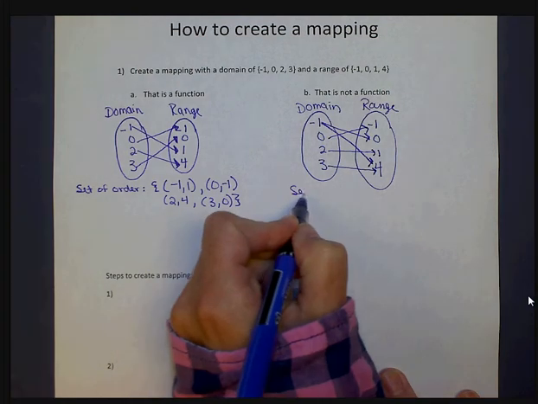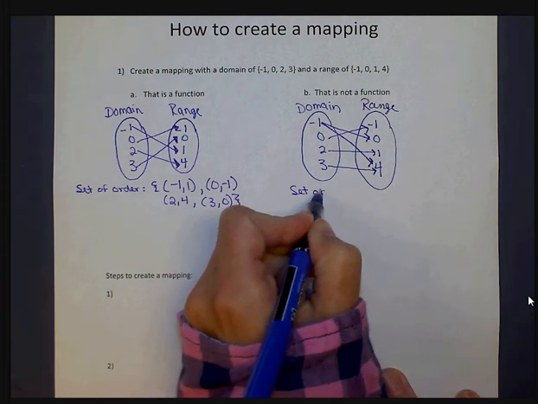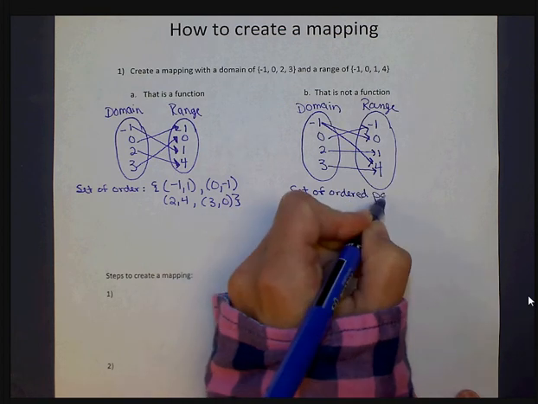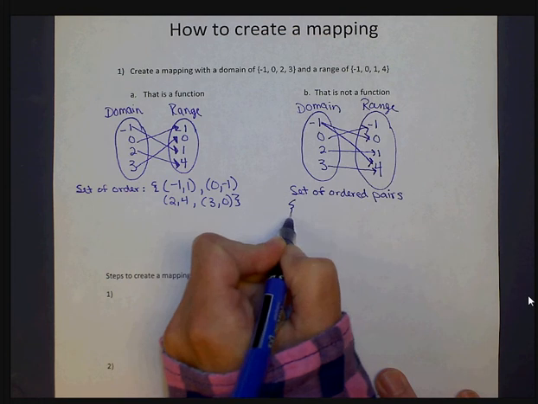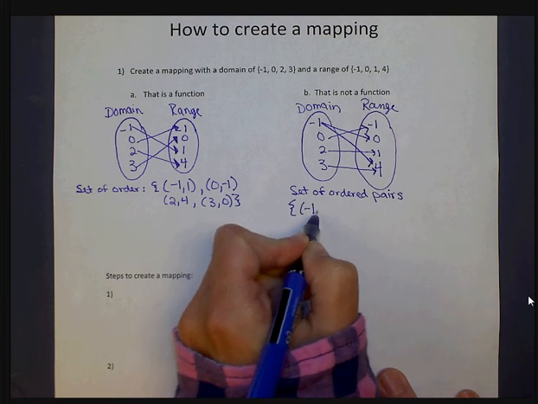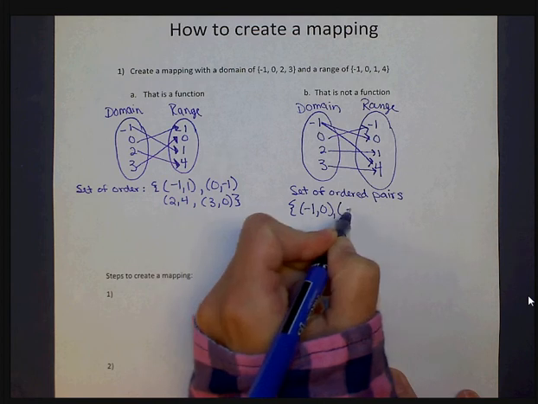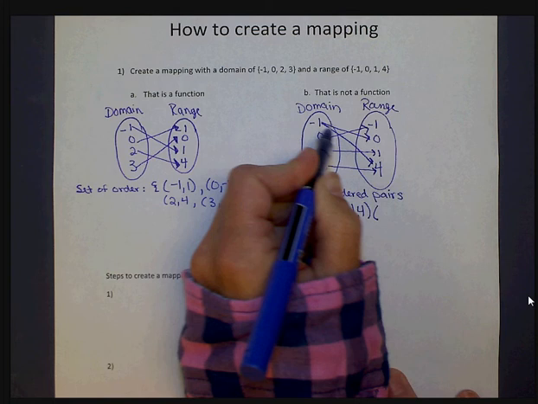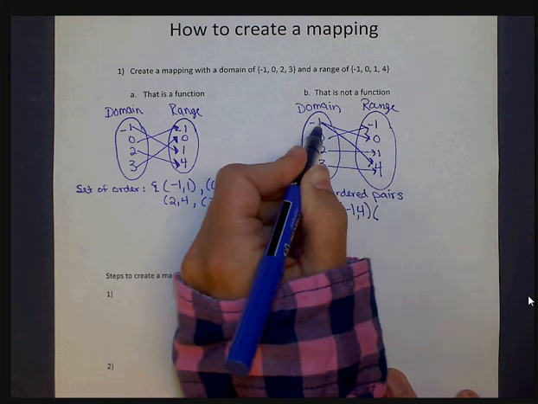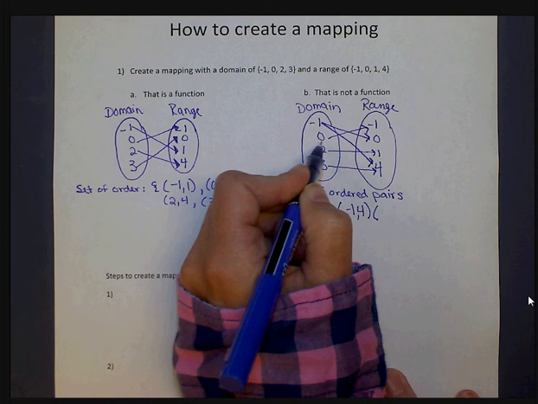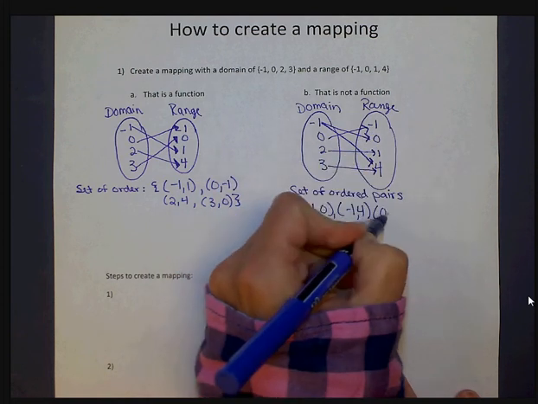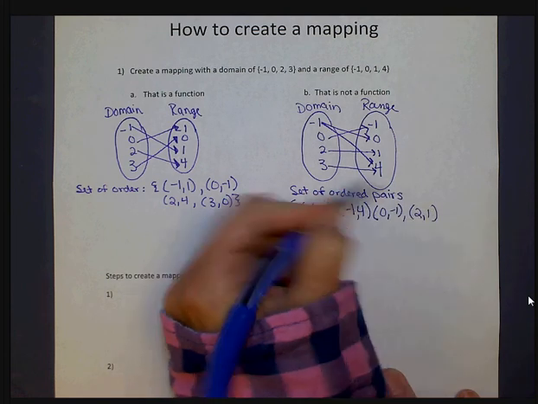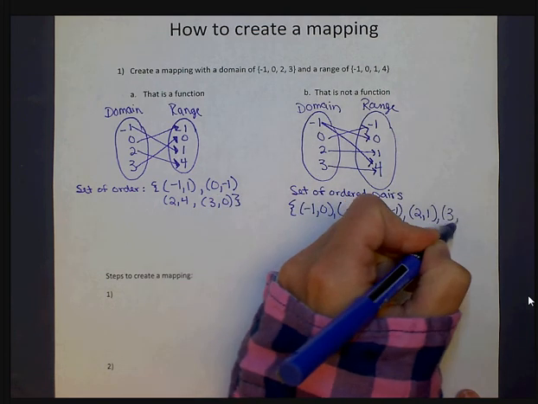So the set of ordered pairs for this mapping is -1, 0, -1, 4, and I got that from going -1 and following it to 0, -1 to 4, my next point, 0 to -1, 2 to 1, and 3 to 4.